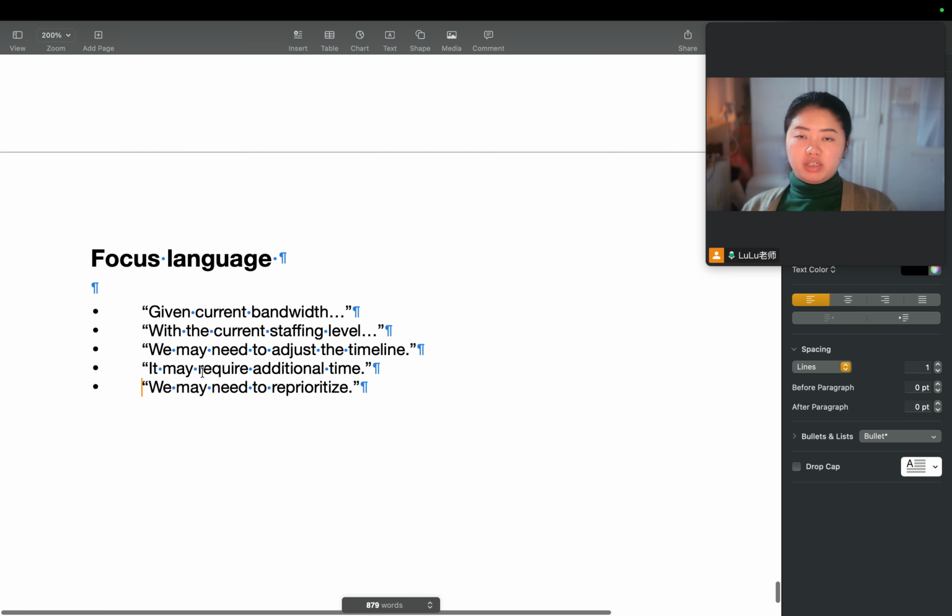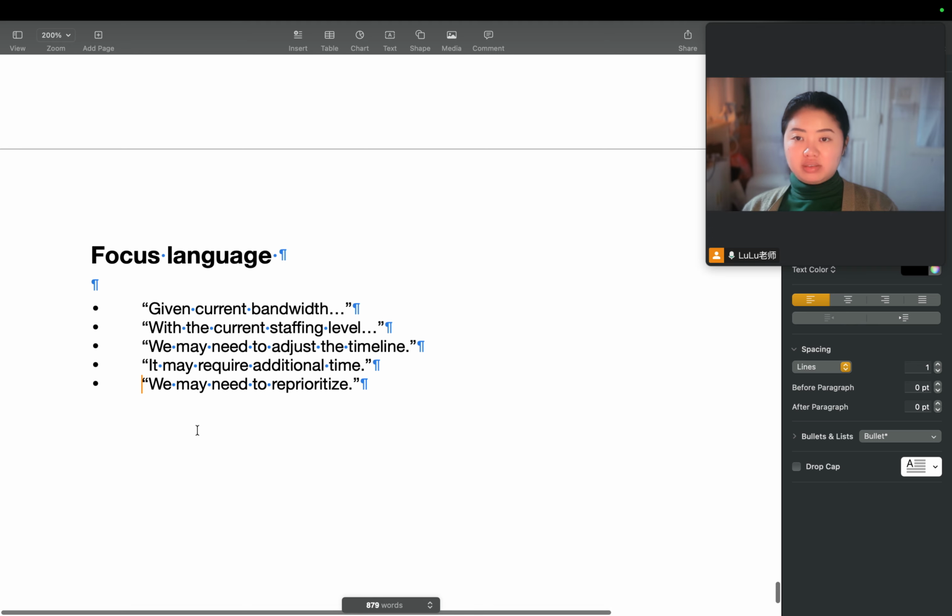Given current bandwidth. With the current staffing level. We may need to adjust the timeline.